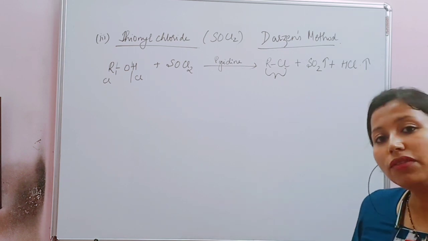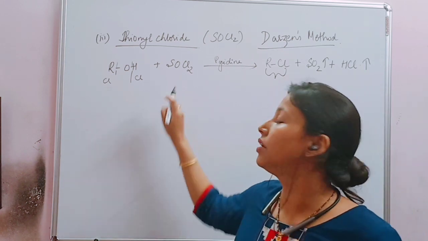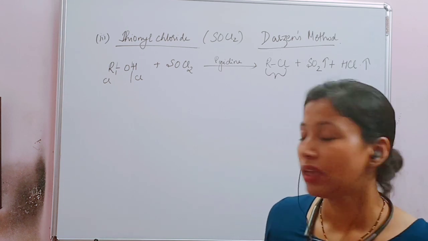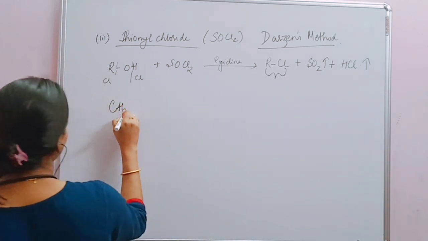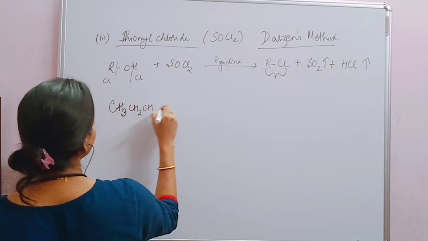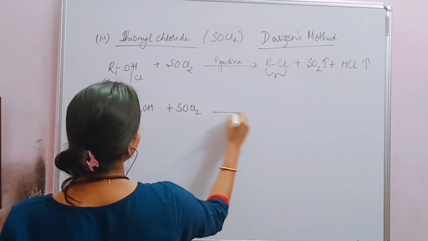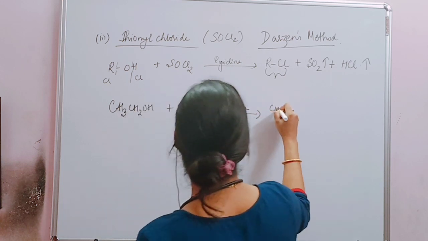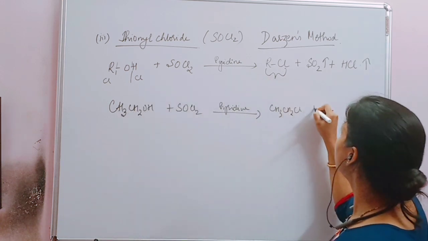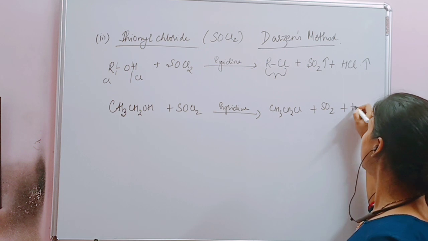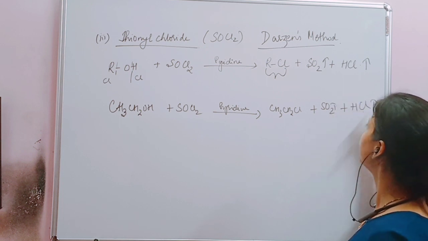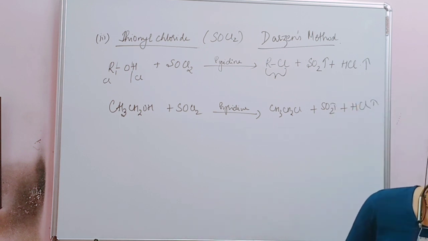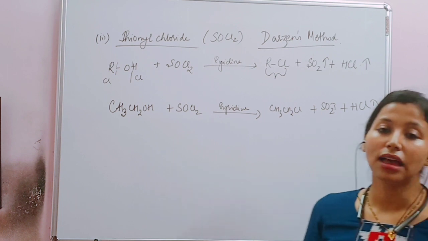So this is one of the most suitable methods for preparation of chloroalkanes. Let's take an example. CH3CH2OH plus SOCl2 with pyridine will give you CH3CH2Cl plus SO2 plus HCl. So, ethyl chloride.